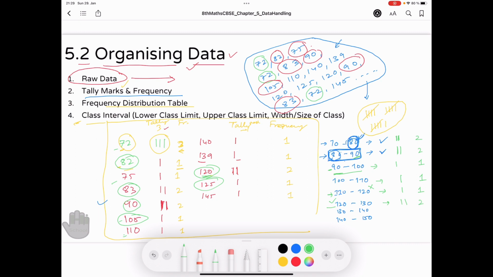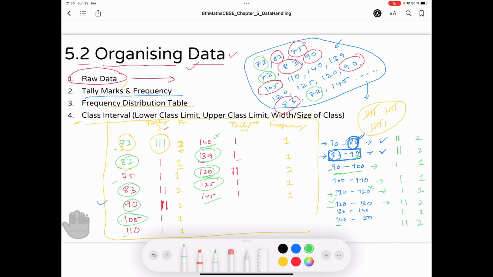Then 130 to 140: 140 will not be considered, it goes in the next, higher class. 139 will be considered, so only one value, frequency 1. 140 will be considered in the next class. 140 to 150: 140 and 145, two values. So in the tally marking 1, 2, and the frequency is 2.